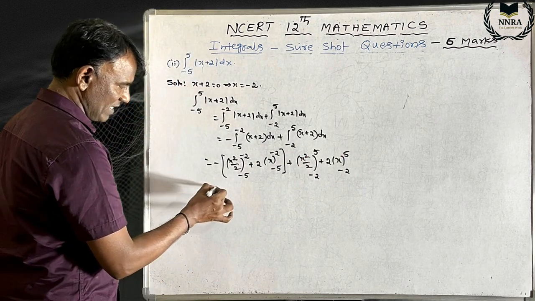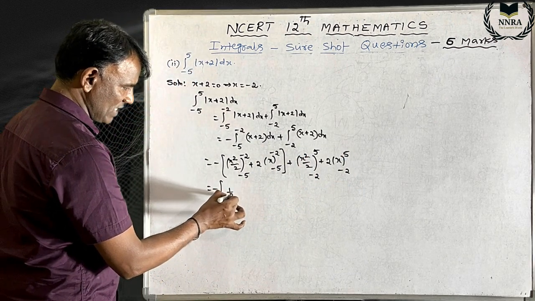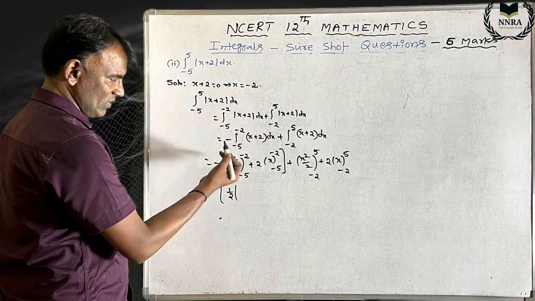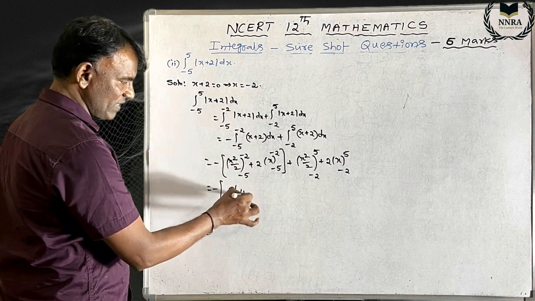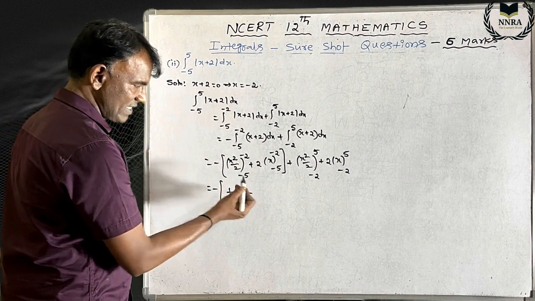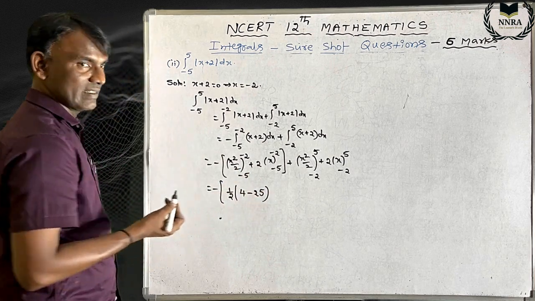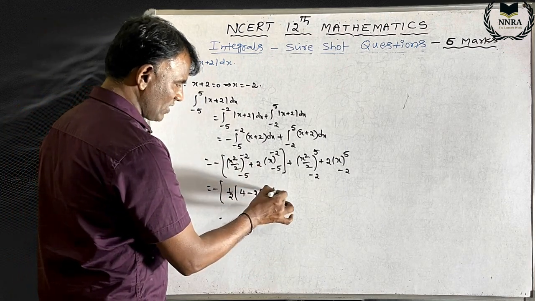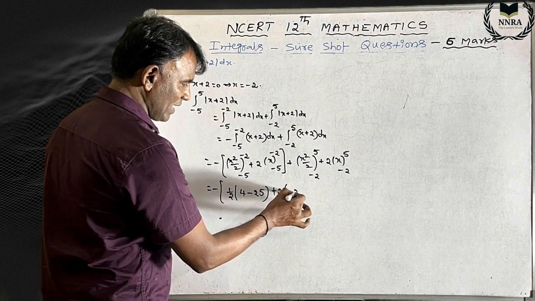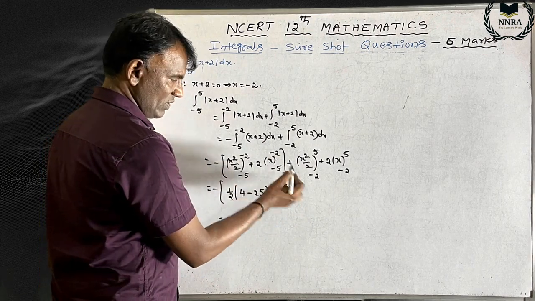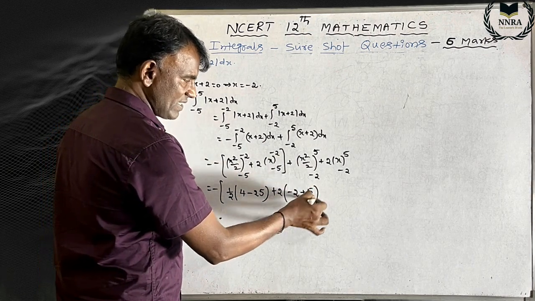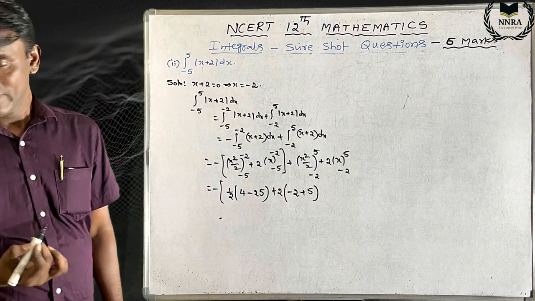So minus of 1 by 2 into upper limit minus 2 whole square means 4, minus lower limit minus 5 whole square 25. Then coming to second one, 2 into minus 2, then minus of minus plus 5.